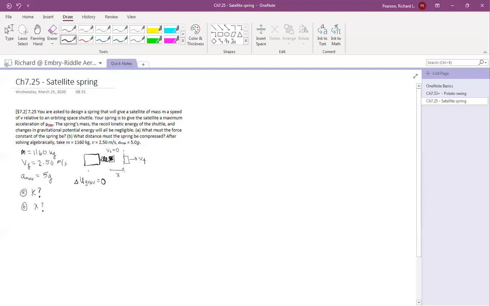And we don't care about the spring's mass. That's good. Okay, so we can do a couple of things here. Right off the bat, one of the easiest things that we can do is relate energy conservation. We're going to start with that, just to make a note of it, because we have that in our toolbox now.